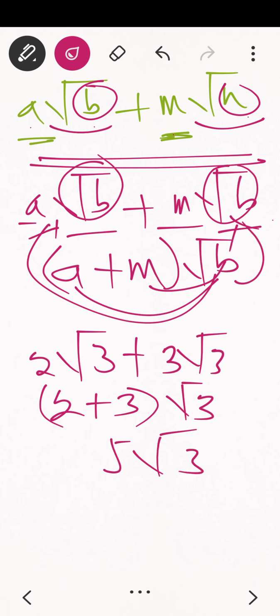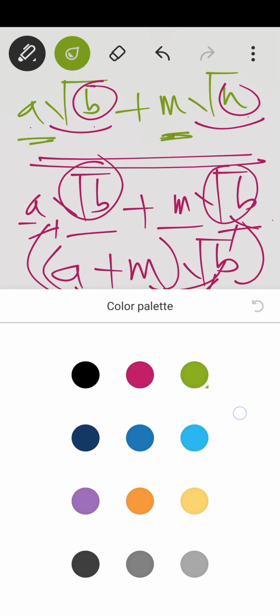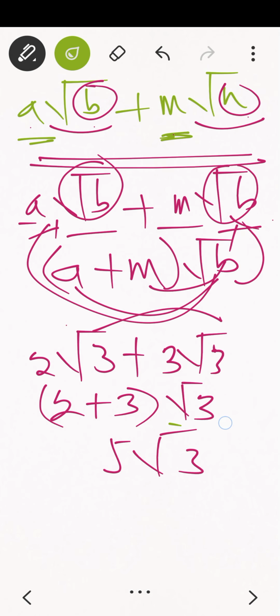We factorized the root 3 out, because root 3 is here, it's also here at the same time. So when we factorize, we had root 3 coming out, and then the coefficients are added, which is 2 plus 3 to get 5. Then we multiply it with the root 3, which is the final answer.